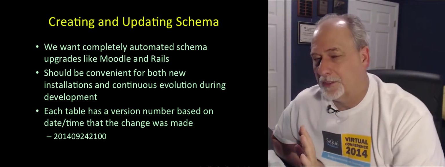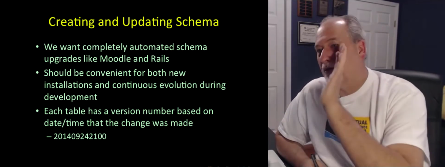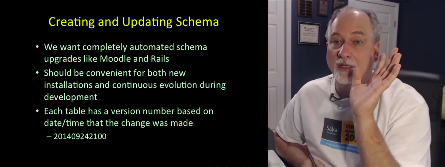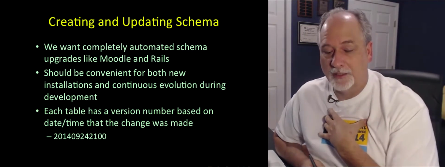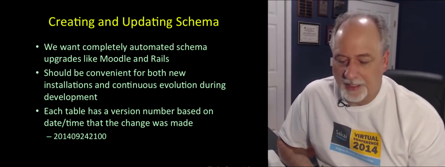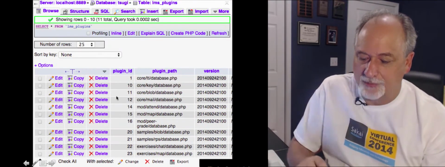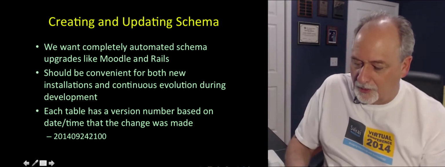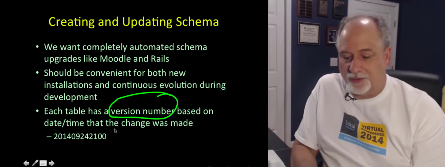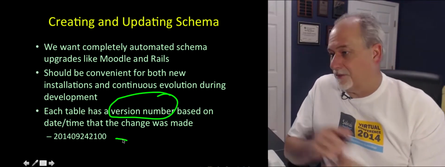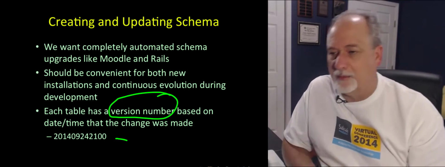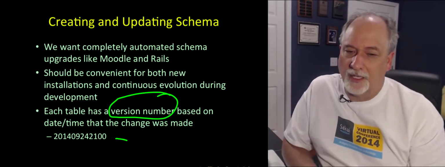And so the Tsugi PHP is designed for really easy migrations. The Java one and other Tsugis might take different approaches, but mine takes a very simple one. So I took the idea from Moodle of a version number, and the version number is based on the date and time that the change was made. So it's really easy: oh wow, I'm working on the peer grader and I need to add a column, and oh, now I've got to make a migration.